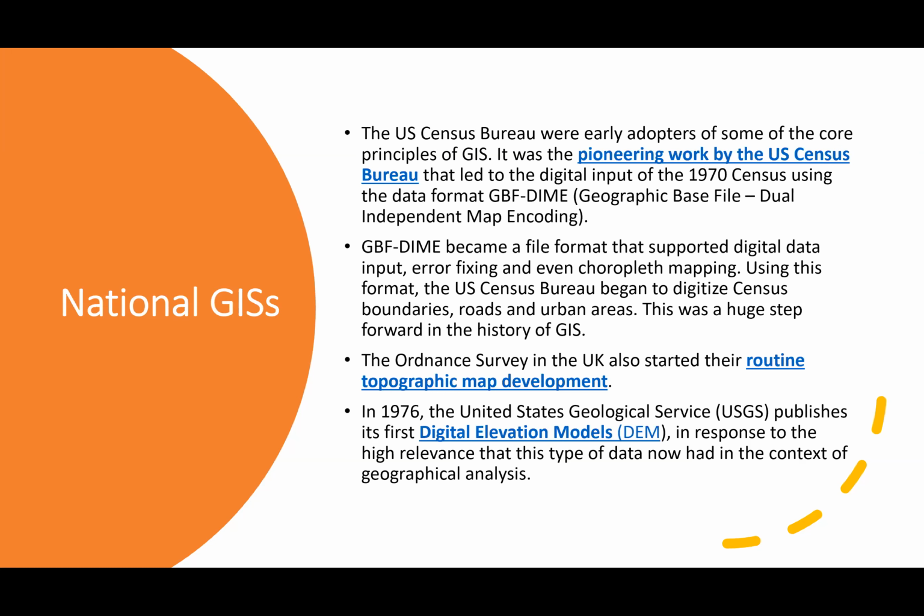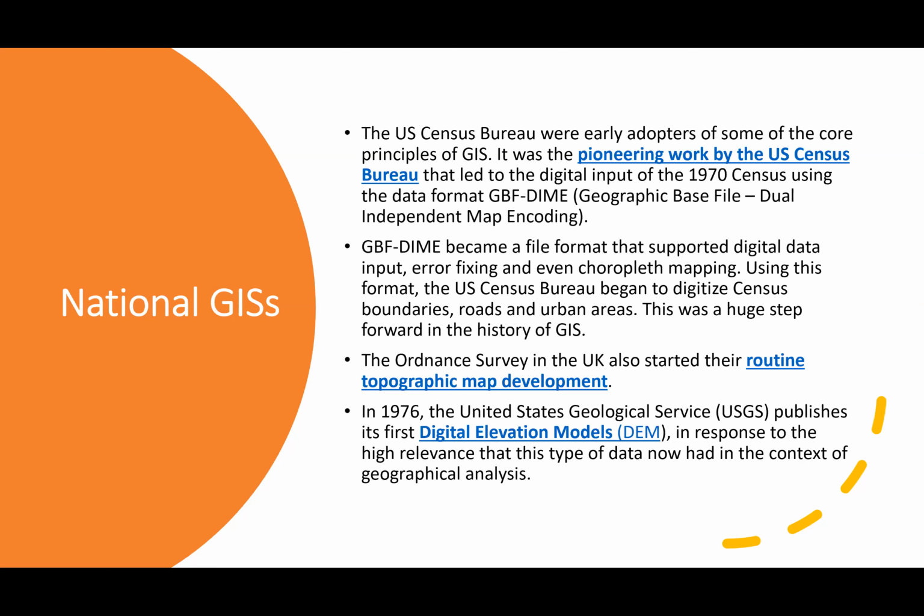So again, think back to those cholera outbreaks and the beginning of using maps as a way to display social statistics. And so we have the Census Bureau that led to the digital input of the 1970 census using the data format GBF-DIME, which stands for Geographic Base File Dual Independent Map Encoding.